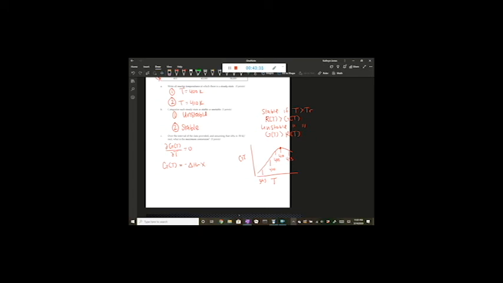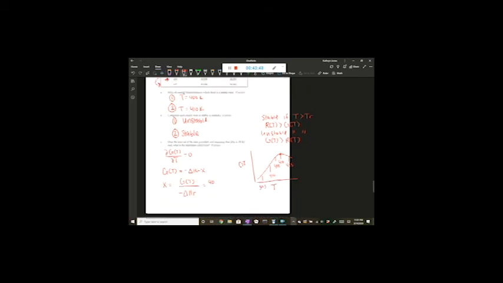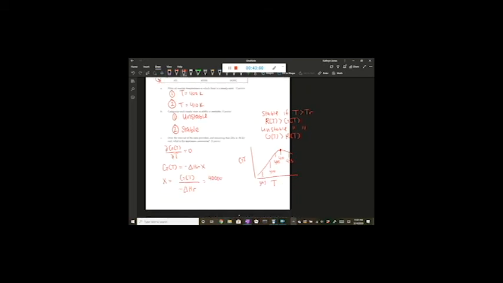Scratch that. We're just rearranging this, although you get the same thing. So if I rearrange this, I get X is equal to G of T over negative delta HR, which is equal to 40,000 joules per mole divided by a negative 50,000 joules per mole. Watch your units. This gives you an X of 0.8.